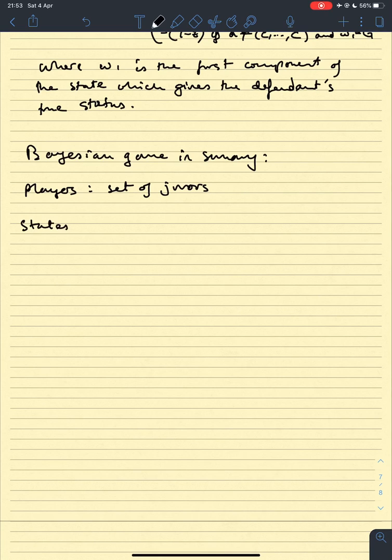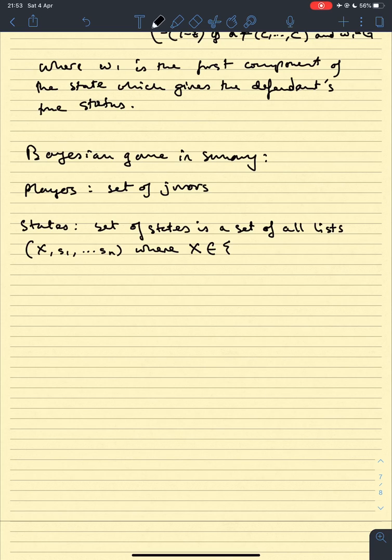The states: the set of states is a set of all lists X, S1, ..., Sn, where X can take the values G or I, and Sj can take the values G or B, so guilty or innocent, for every juror j.